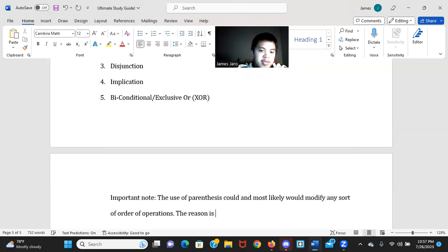The reason is simple. Just like how in PEMDAS parentheses come first, whatever's in the parentheses has to be evaluated first. The same thing is applied in Boolean algebra. The connectives in the parentheses have to be evaluated first.